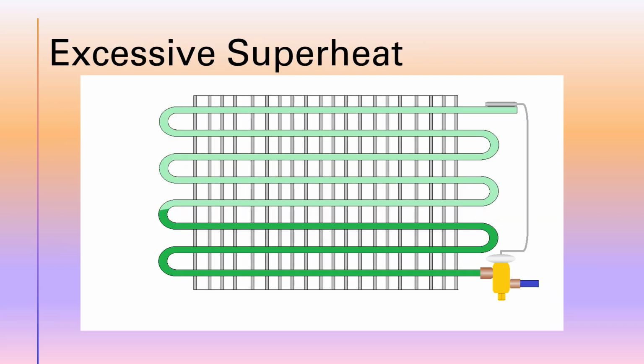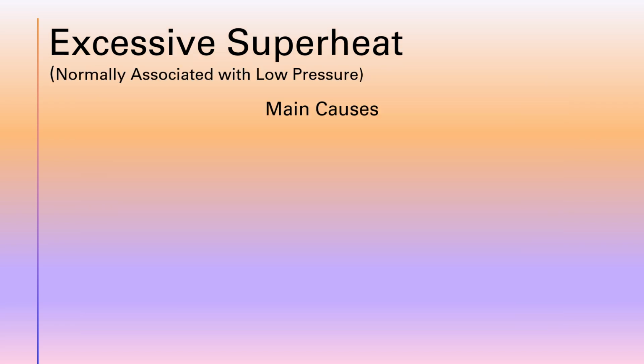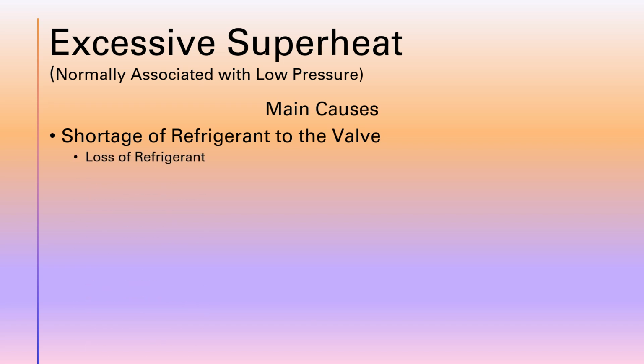Now, if we look at excessive superheat, we are using a much smaller part of the coil to do the latent heat cooling. So therefore, we've got a large area of the coil that is not being utilised. So the main causes of excessive superheat are a shortage of refrigerant to the valve, could be loss of refrigerant, but not always.